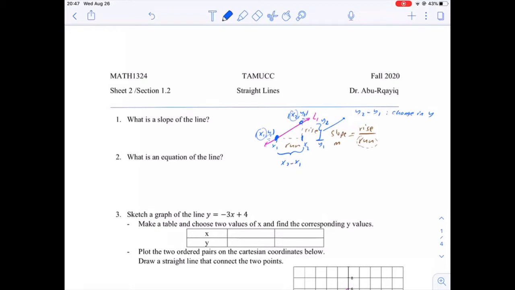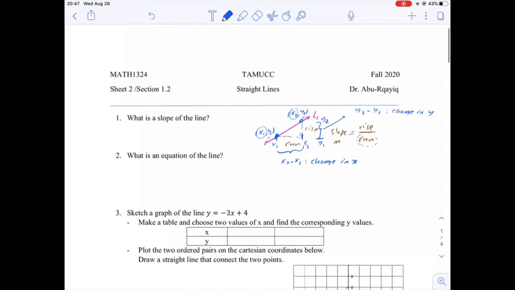The length of that side of this rectangle, or the length of run, that distance, is the change in x. So we can define the slope m as change in y over change in x, and that's rise over run.